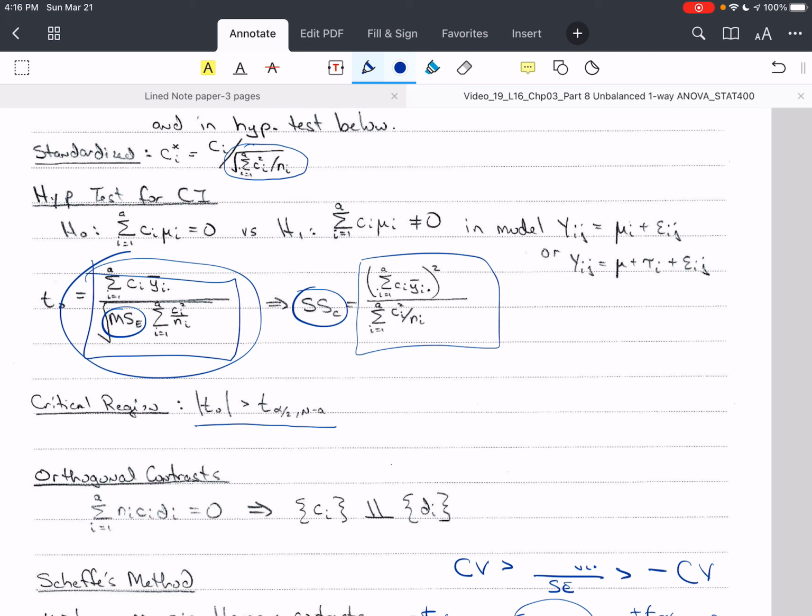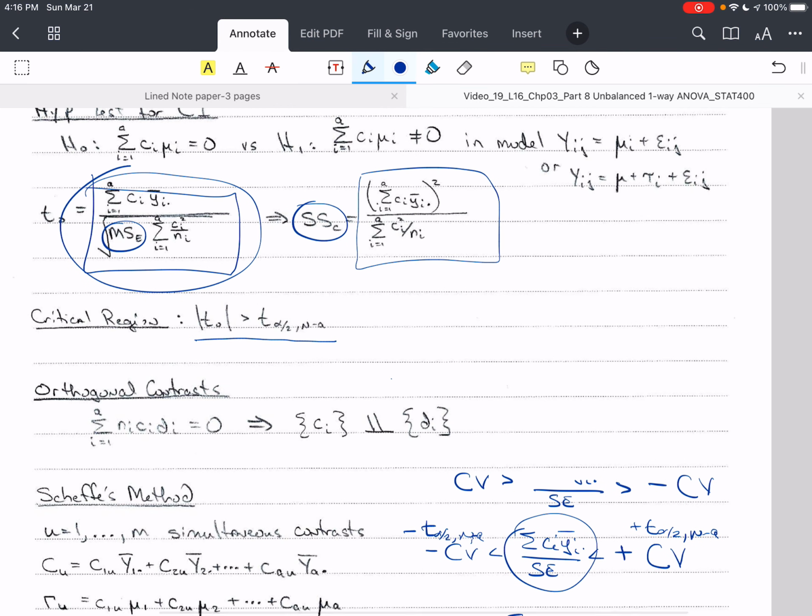And again, for orthogonal contrasts, before we had the sum of ci di equal to 0. If that was the case, then the contrast of c's was orthogonal to the contrast of d's, and this is the same symbol that we use for independence because they mean the same thing in this case.